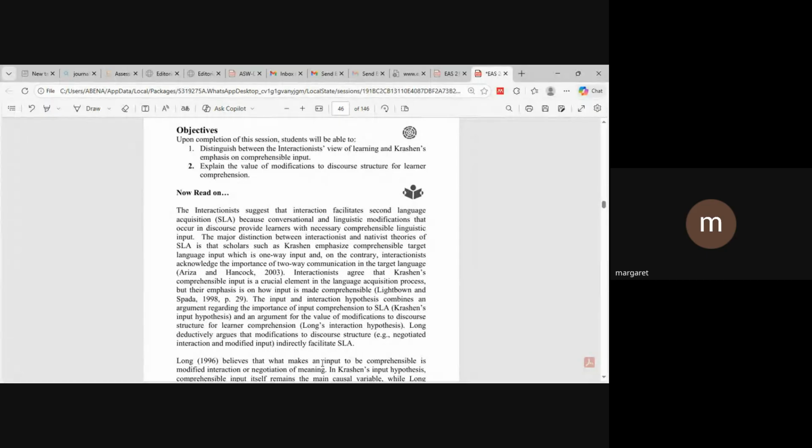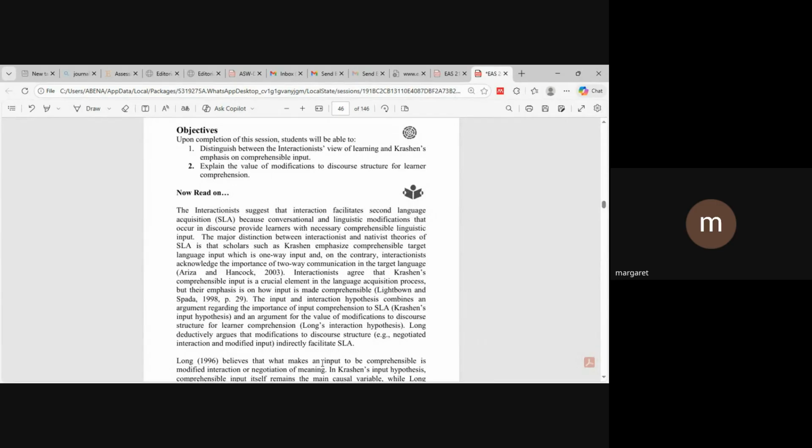In Krashen's hypothesis, input without interaction can lead to language learning, but with the interactionist point of view, input has to go with interaction.